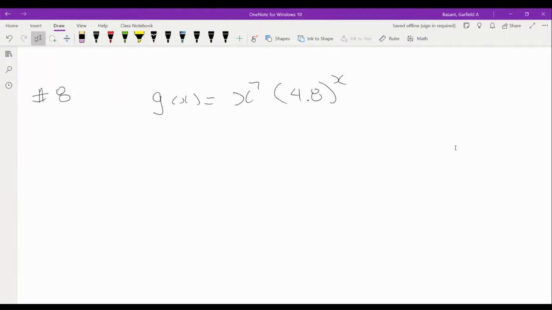What do you guys think? Any ideas on this problem? Would it be x to the 7th times the ln of 4.8 times 4.8 to the x?